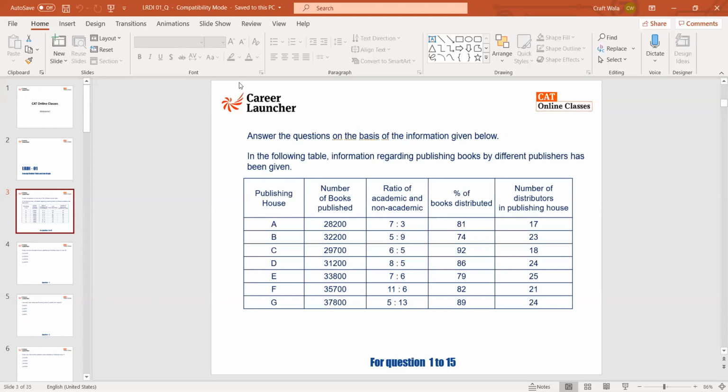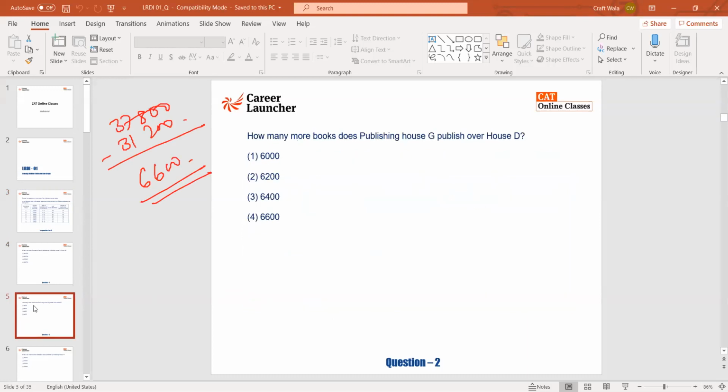So 37,800 minus 31,200 comes out to be 6,600. So that becomes our answer. Our answer for question number 2 is 6,600.